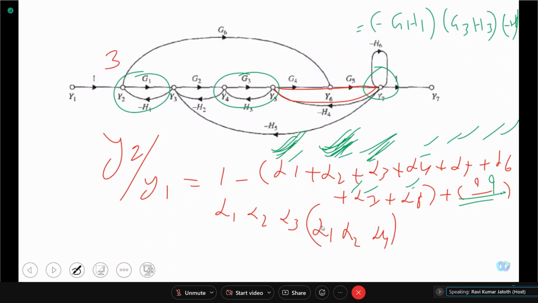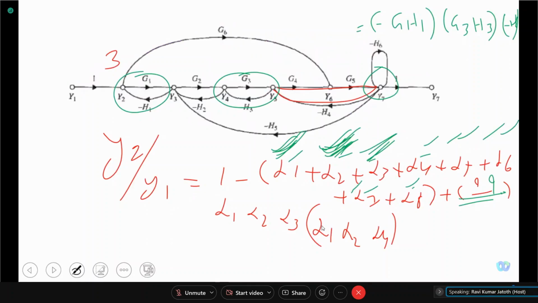Then L3, L4, L5, L3, L4, L6. Check all possible combinations of three non-touching loops. Quickly you can come to a conclusion, right? And then now you solve.